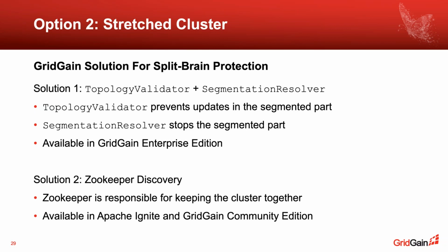In that case, we are moving the responsibility to keep the cluster together from our own systems to Zookeeper, which works really great, but the cost of it is maintaining a Zookeeper installation, which will work with your Apache Ignite or GridGain cluster.